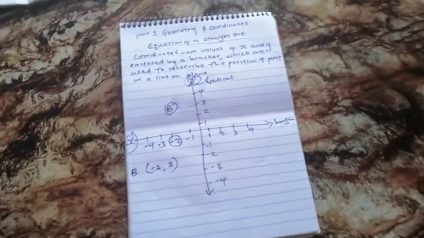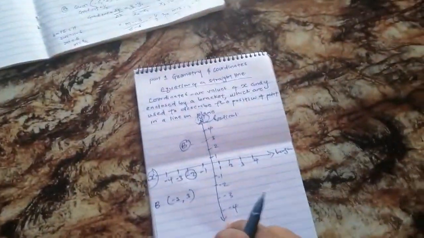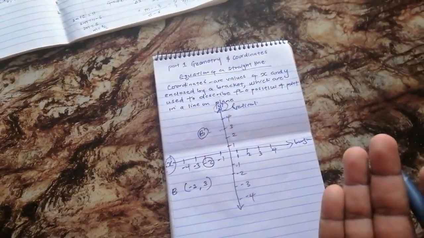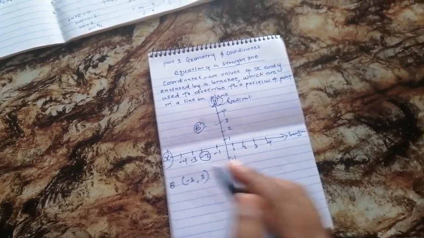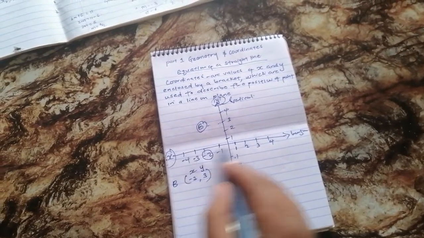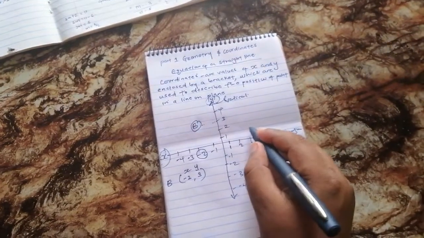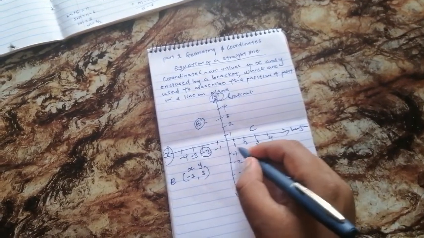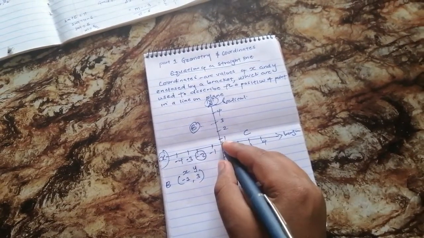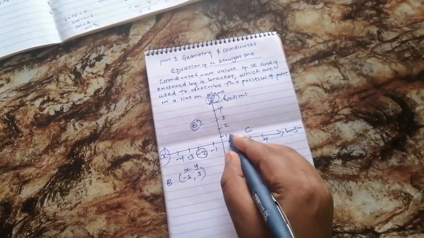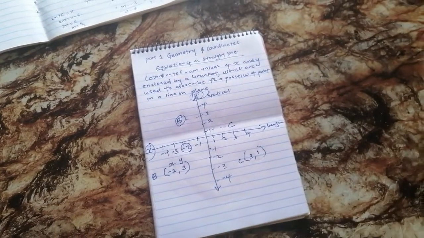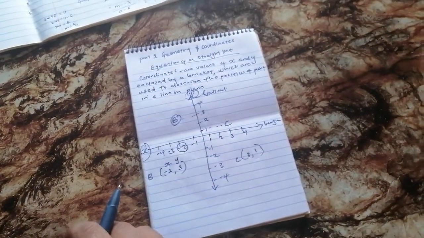This is what you call coordinates. Coordinates are always marked by these two values, x, y, and we always start with x and then we go to y. Maybe let's say this is C, and our x is 3, y is 1. So point C is 3, 1.